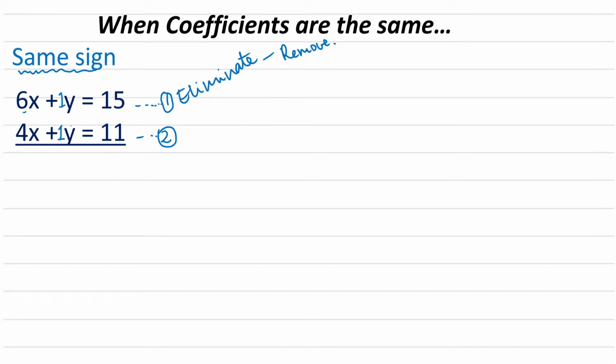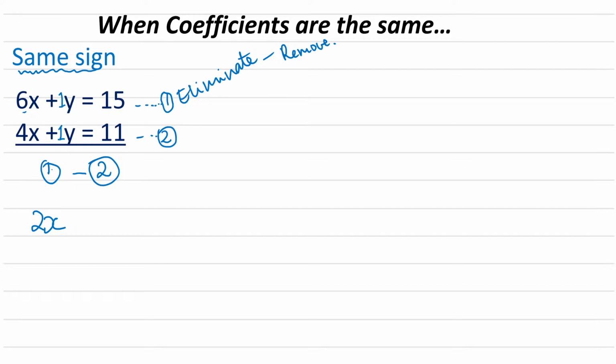Now, if I want to remove it, it means I need to subtract. So I can do equation 1 take away equation 2. So I'm now solving simultaneously. So I do 6x take away 4x. That will give me 2x. 1y take away 1y.